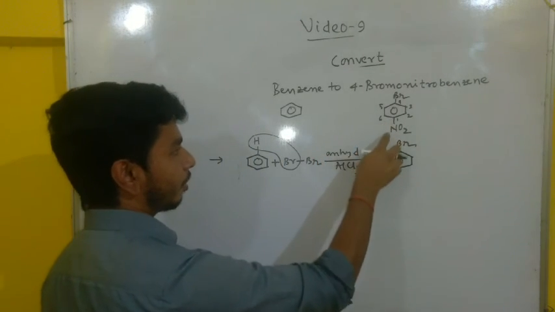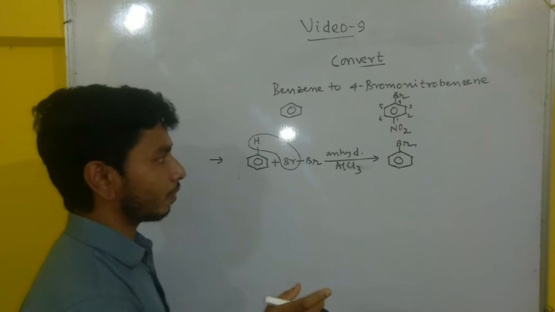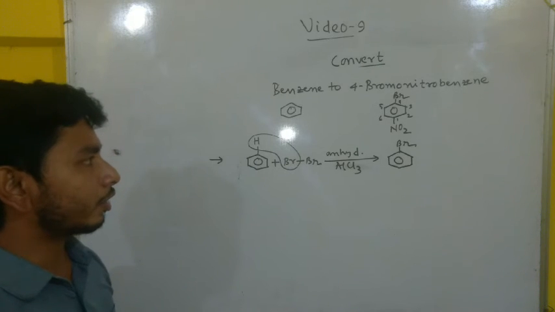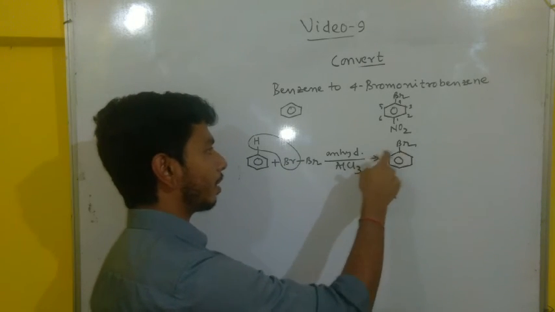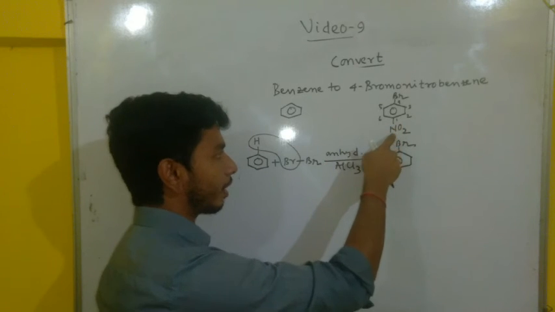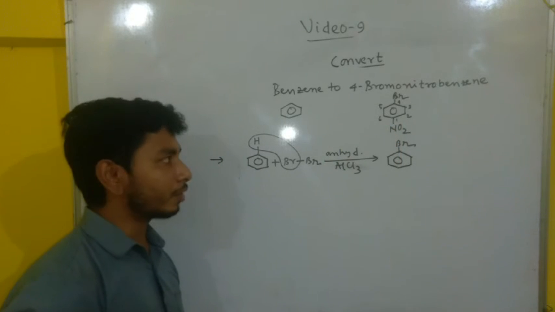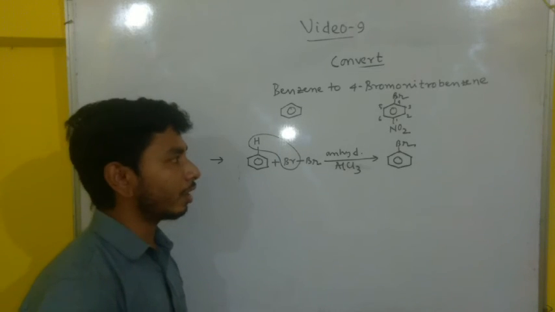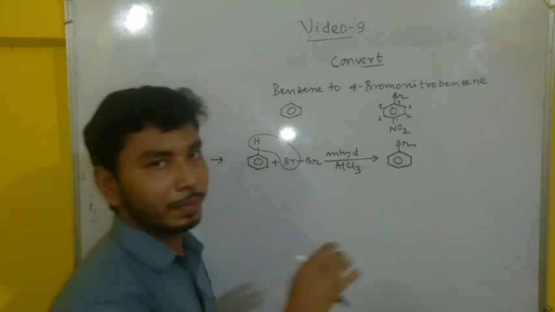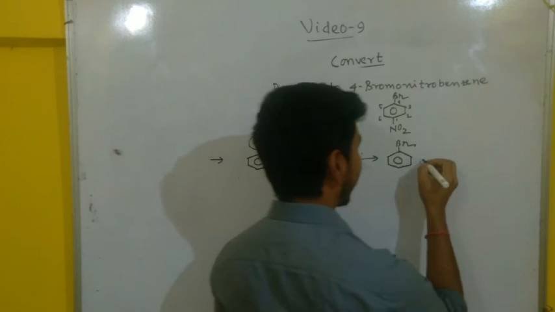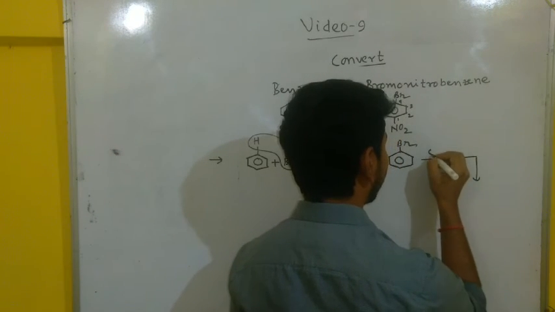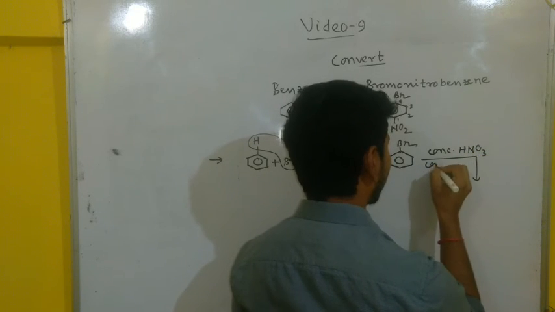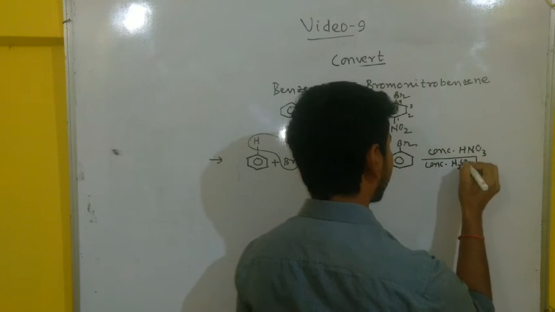Now in the para position we have one nitro group. That means it is a nitration reaction. Addition of NO2 is called the nitration reaction. We have already got one bromine, now we have to get a nitro group in the para position. In the nitration reaction, the reagent is concentrated HNO3 and concentrated H2SO4.